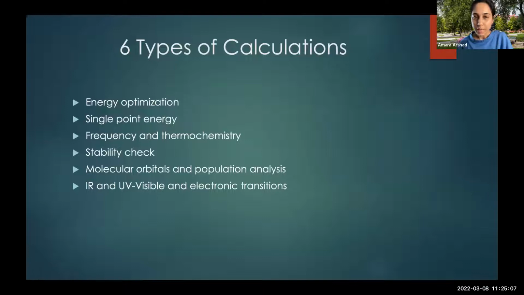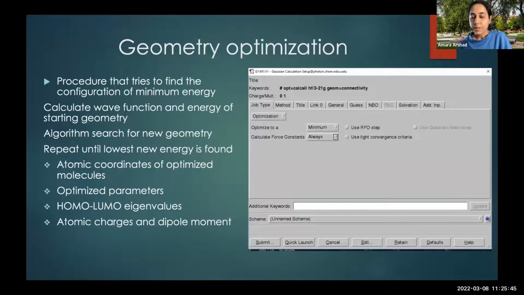There are 6 most common types of calculations that we can do by using Gaussian: energy optimization, single point energy, frequency from the symmetry or vibration of the bonds of the molecule, stability of the wave function, molecular orbital and population analysis, and IR, UV-visible, and NMR calculation of the molecules. So first is the geometry optimization.